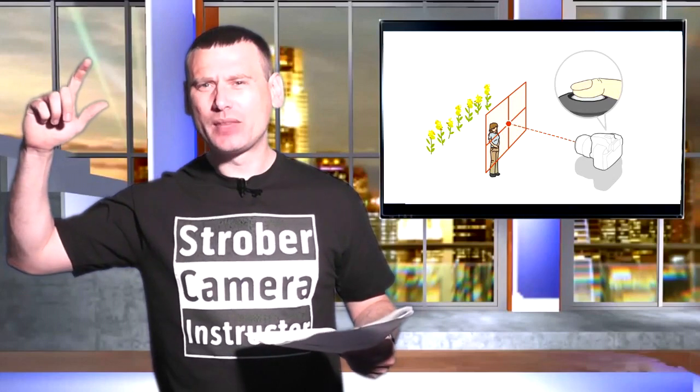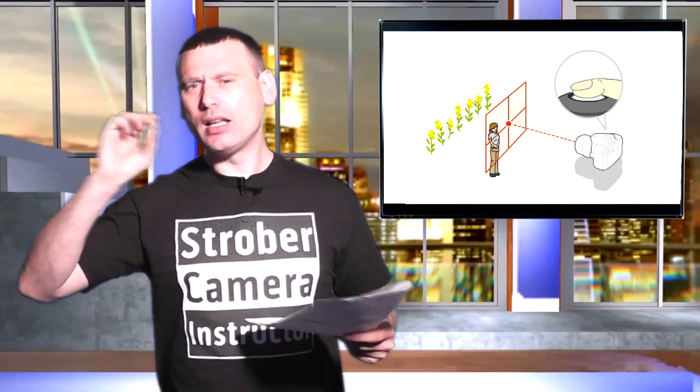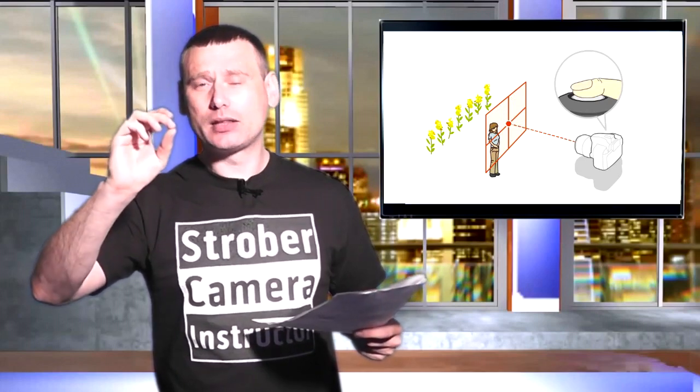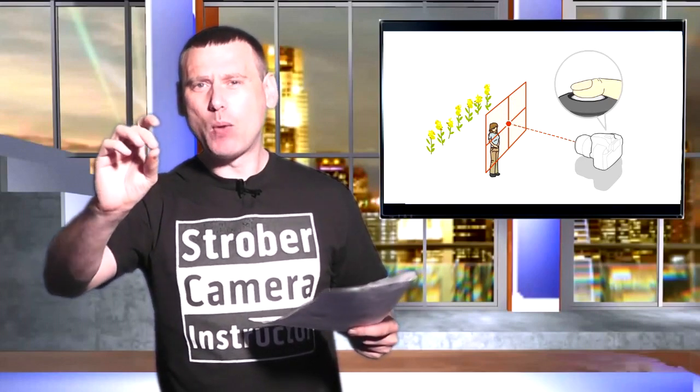Let's say we wanted to photograph a person stood in front of a flyer background, and we used single autofocus. When we half press the button, single autofocus will work out the distance the person is away from the camera.